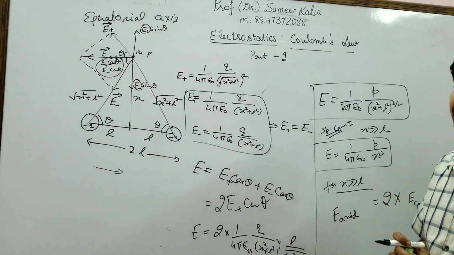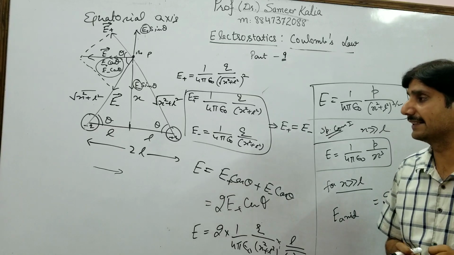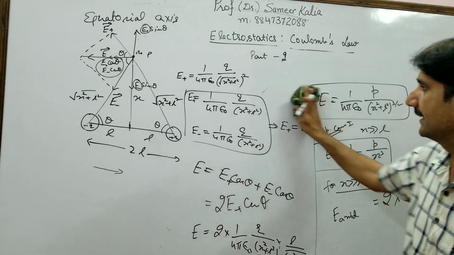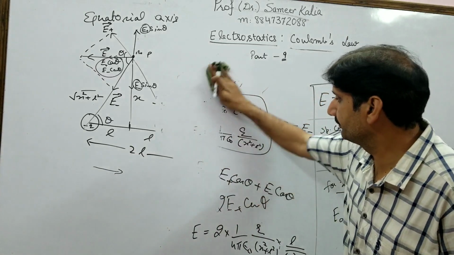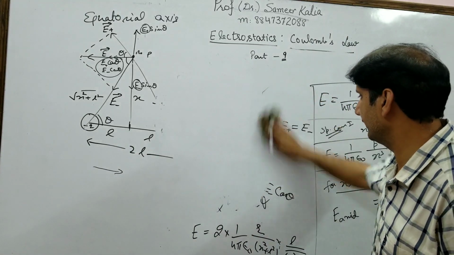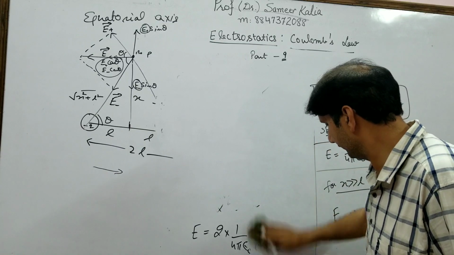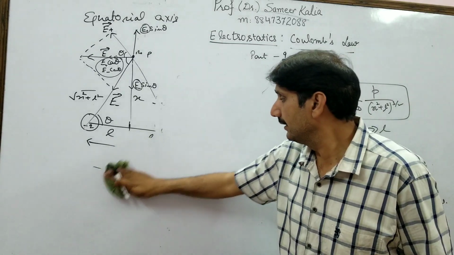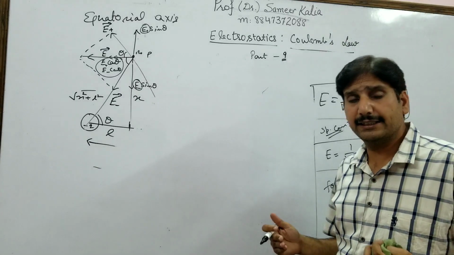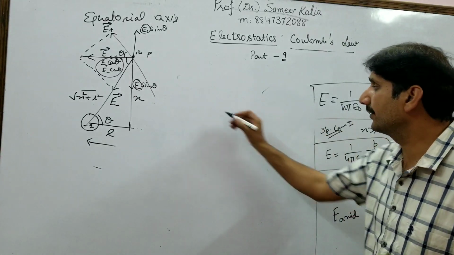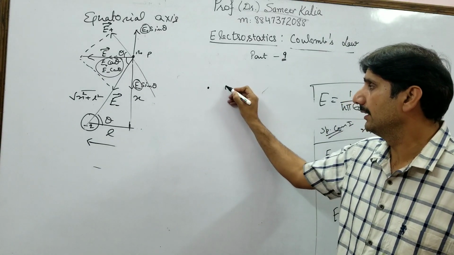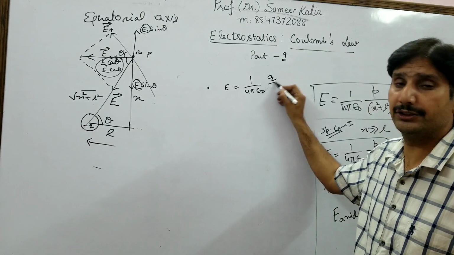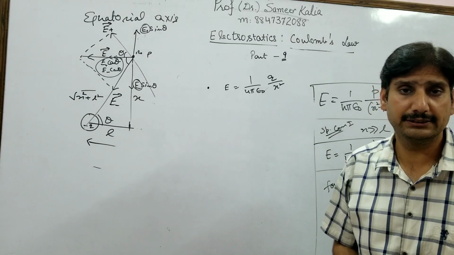And further, there is one more point to consider. When we were considering electric field due to a point charge, the expression for electric field was 1 over 4 pi epsilon naught q by x square.